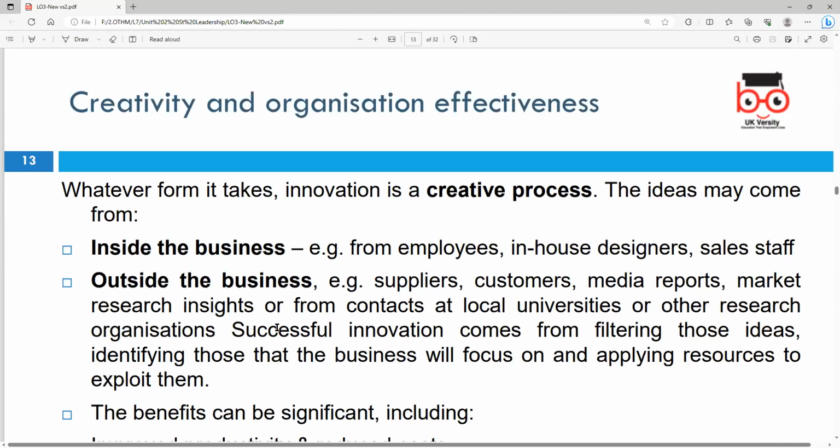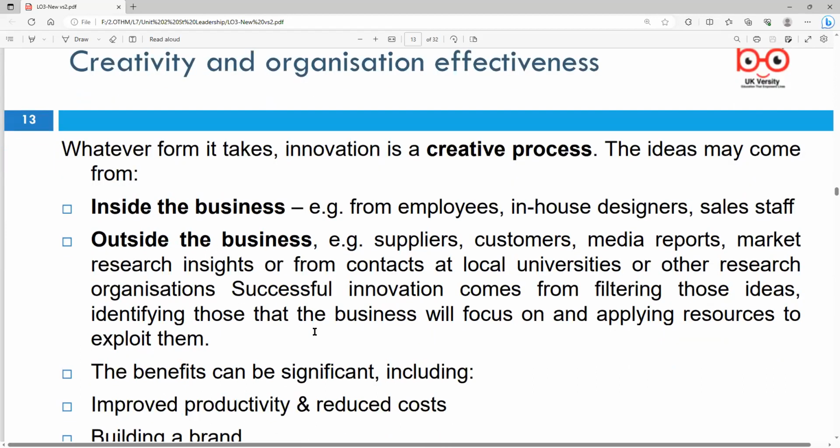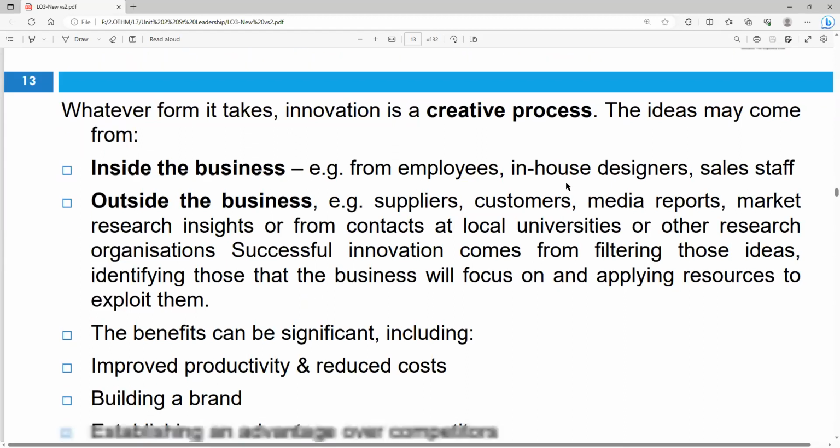Ideas may come from different people inside the organization, or from outside the business: customers, suppliers, reports, published sources, research, other organizations, competing organizations, or surveys and so on.